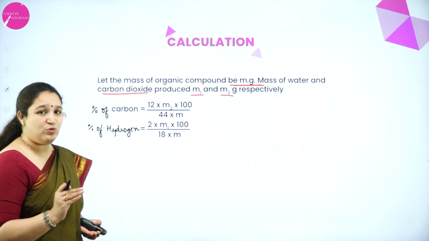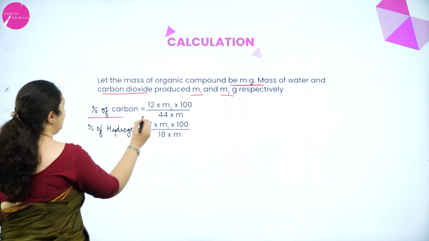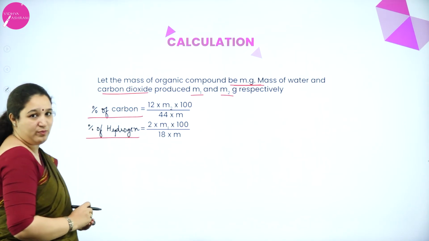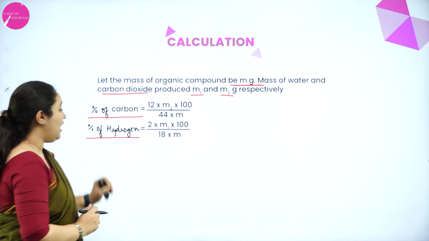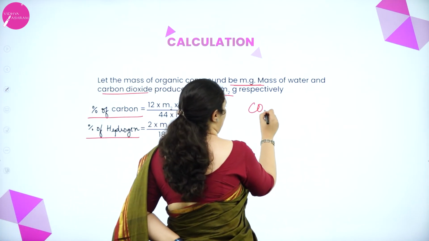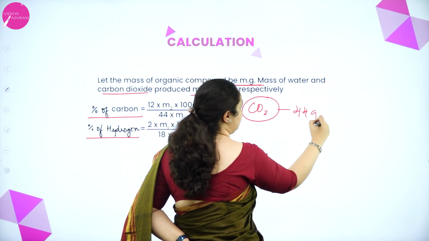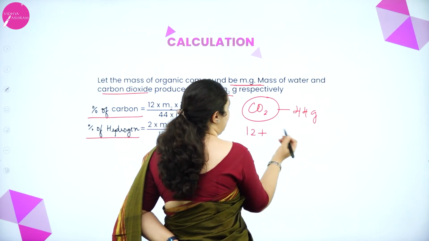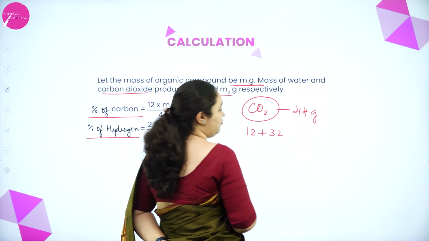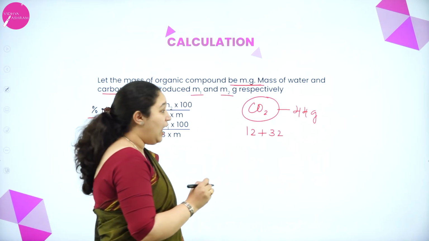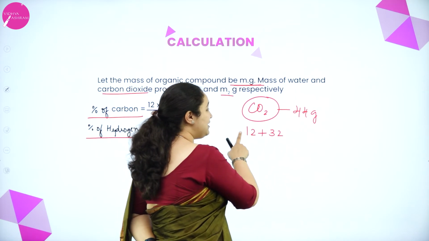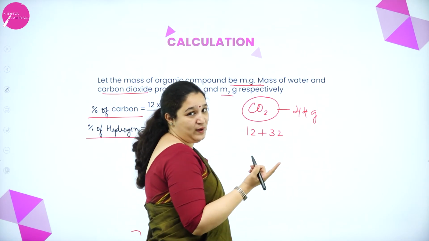Now, how do I calculate the percentage of carbon and hydrogen? I use this formula. One molecule of carbon dioxide has a mass of 44 grams, that is 12 plus 32, 44 grams. Out of 44 grams, the mass of carbon is 12 grams.